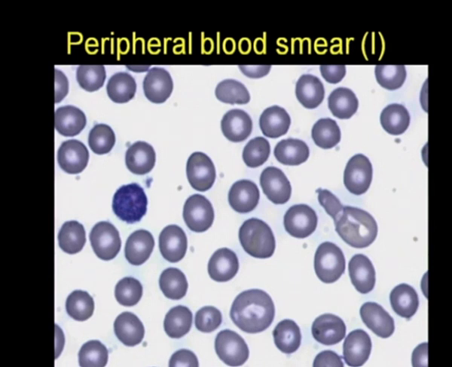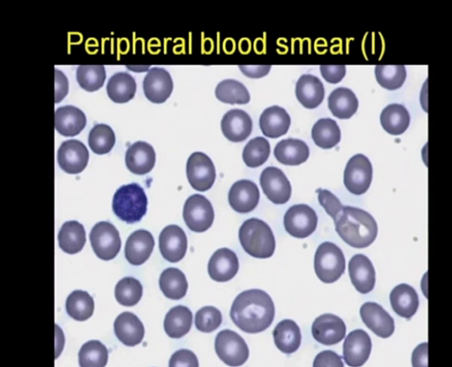And these are the smears, and you see that there are some ovalocytes, some macrocytes, and some microspherocytes. You know that at the microscope, to evaluate the size of a cell, you should point out one small lymphocyte.